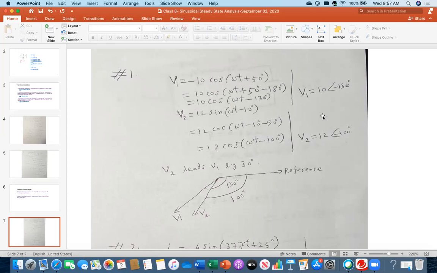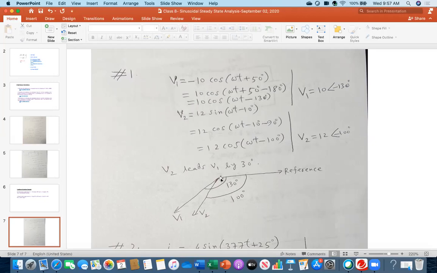Now I did this just to plot it, as I was showing you. By looking at these two, you have to conclude which one is leading. Is V2 leading V1, or is V1 leading or lagging? What's the relationship? That's the thing. I got the conclusion V2 leads V1 by 30 degree just by looking at this. How did I do that?